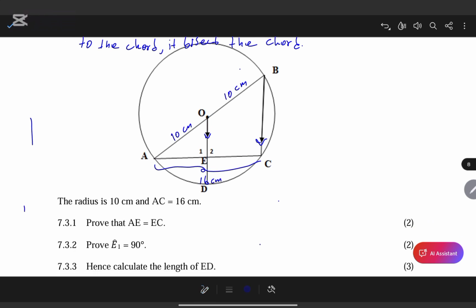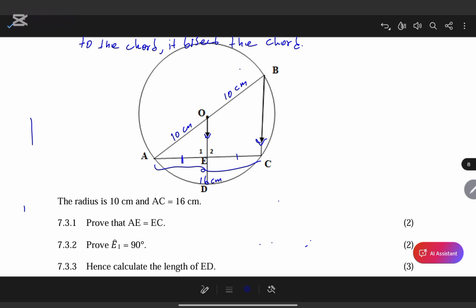Now, the first question says, prove that the length AE is equal to EC. In other words, the question wants you to prove that this line AE is equal to EC here. So, what theorem can you use to answer this question?